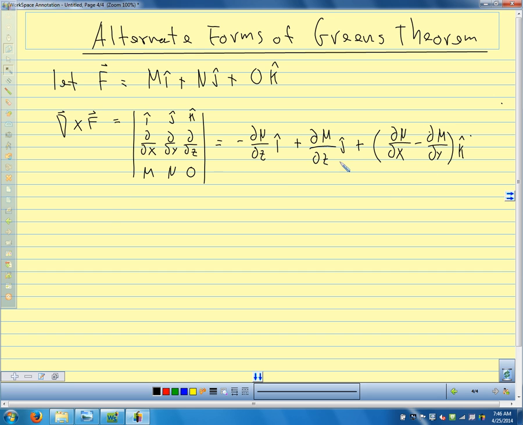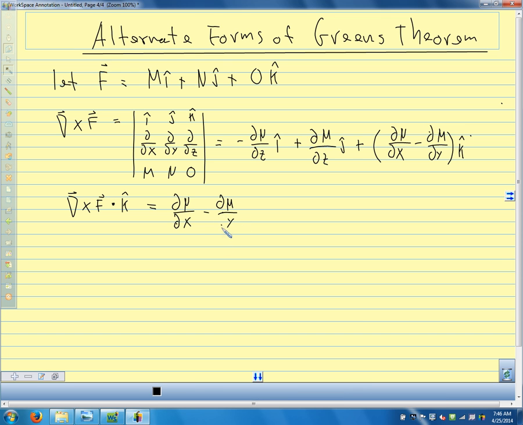If I take the dot product of del cross F with k hat, so I'm taking the dot product with 0i plus 0j plus 1k, these two terms go away, and I just end up with the partial of N with respect to x minus the partial of M with respect to y.